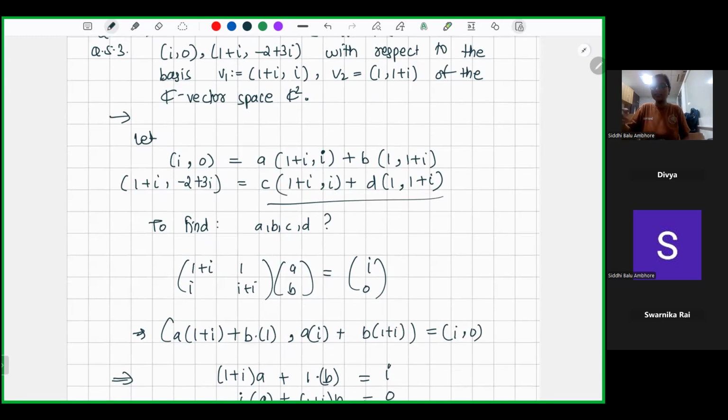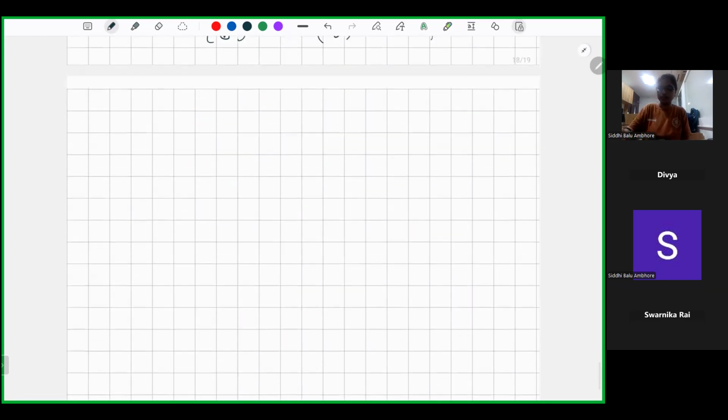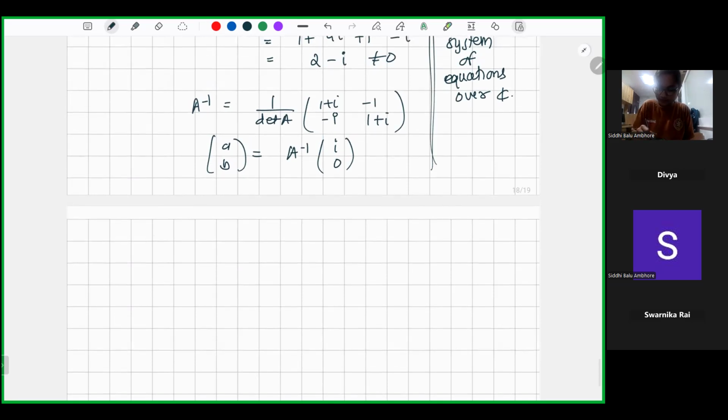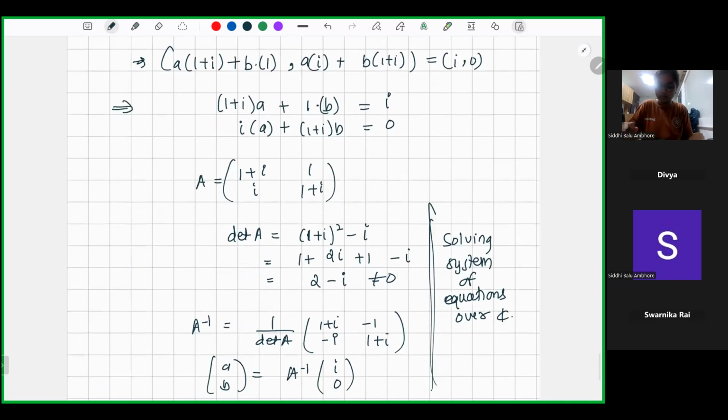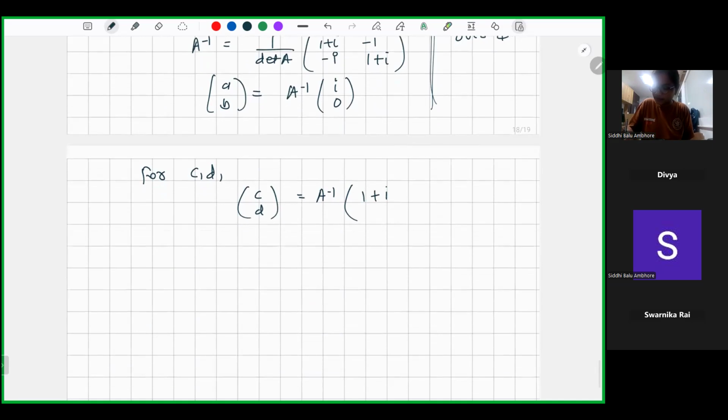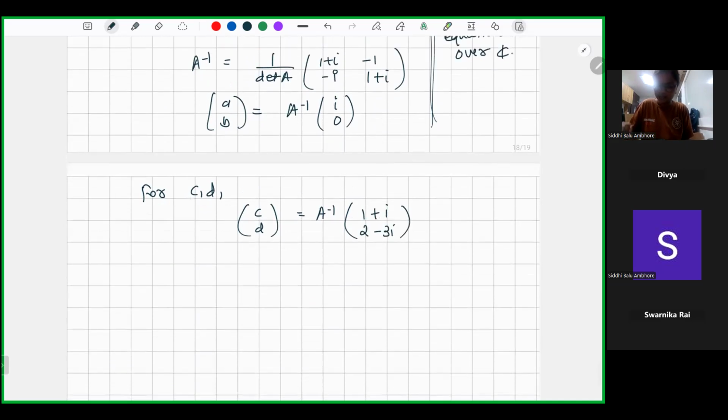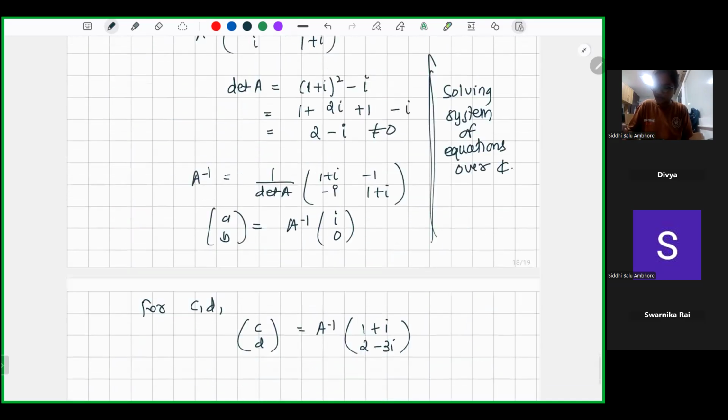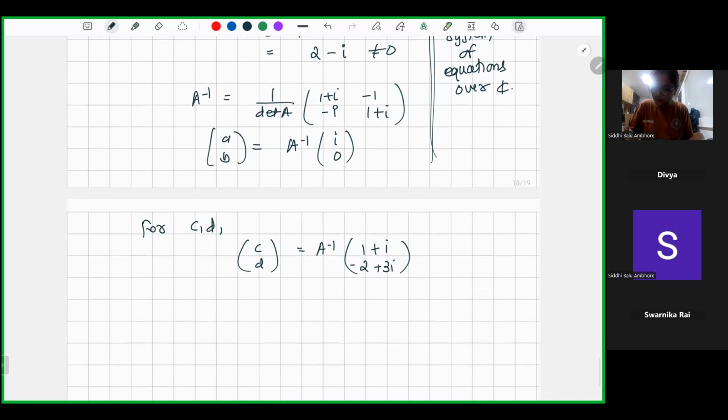Once you have the inverse of this matrix A, just multiply it to whatever you want on the left-hand side. So CD will be A inverse times (1+i, 2-3i), if I'm not mistaken.